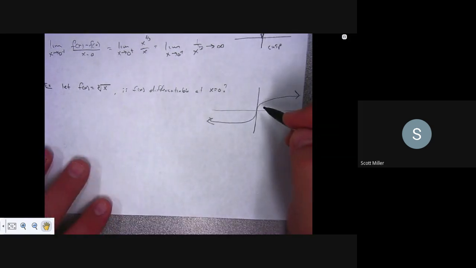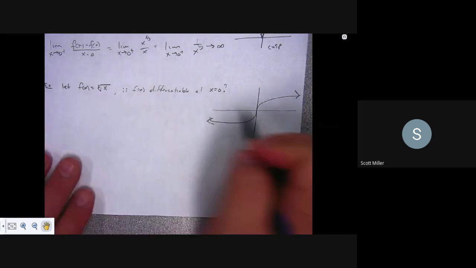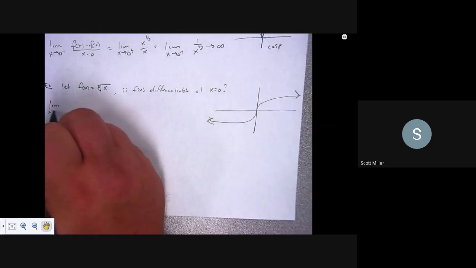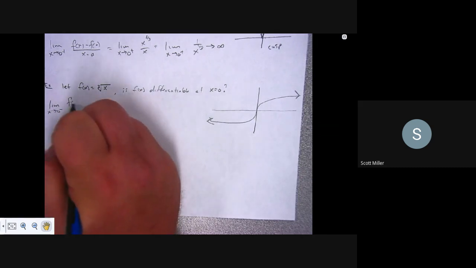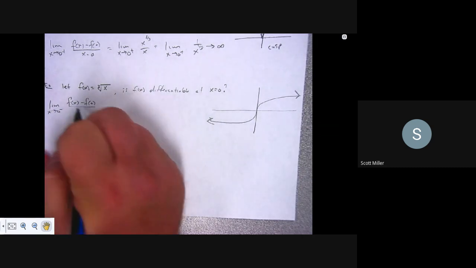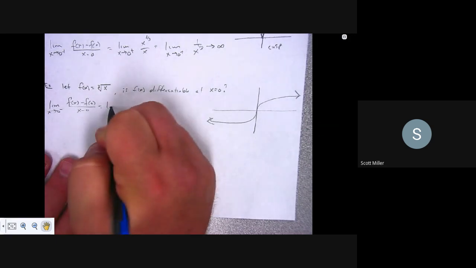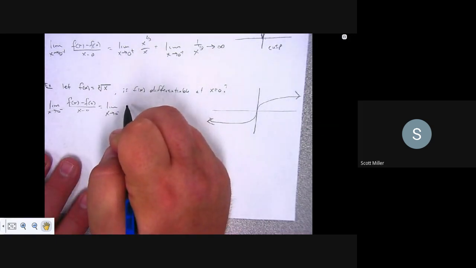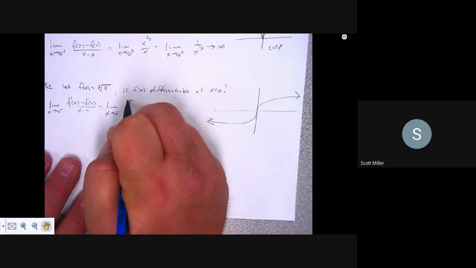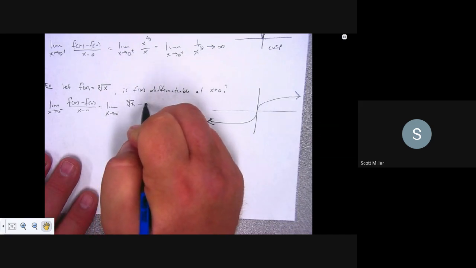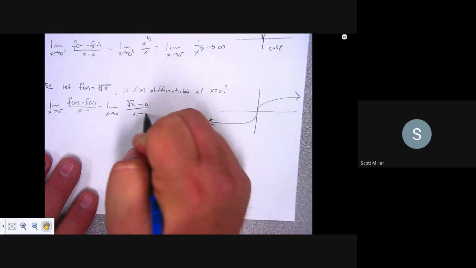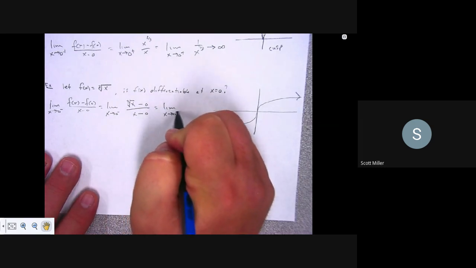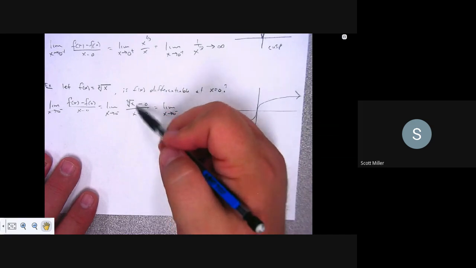Taking our function right here, we want to approach 0 from the left and from the right. So what is the limit as x approaches 0 from the left of this function? It's the limit of the cube root of x minus 0, all over x minus 0. So this is x to the 1/3, this is x to the 1.